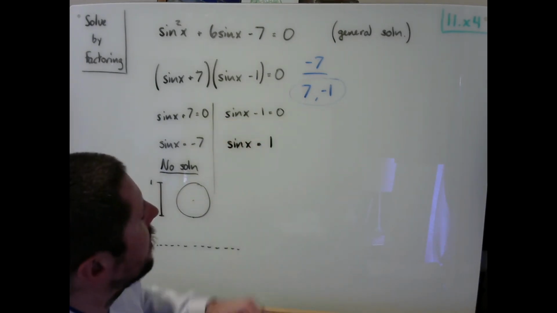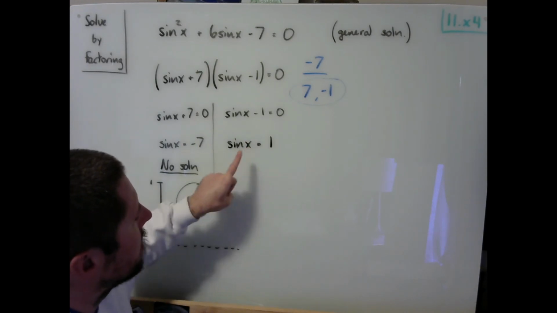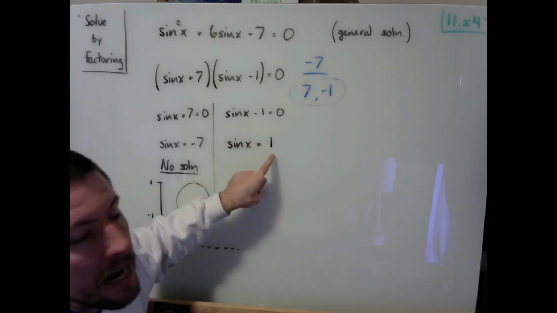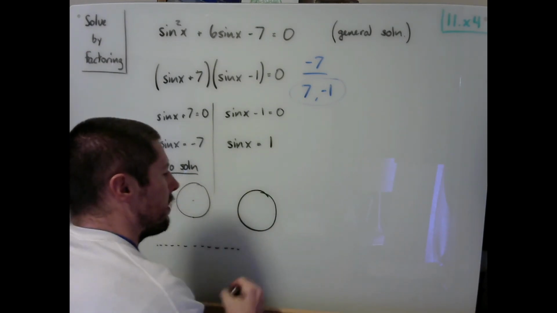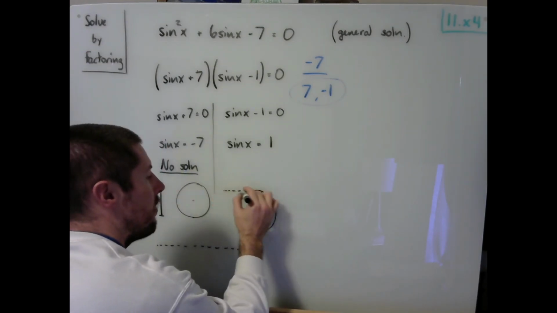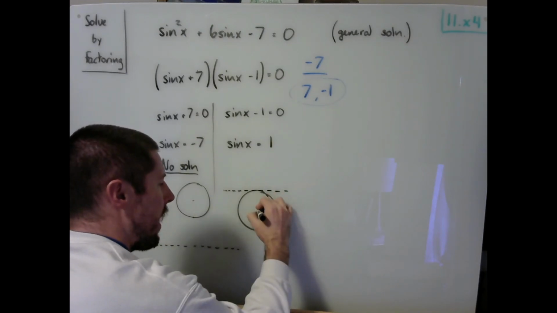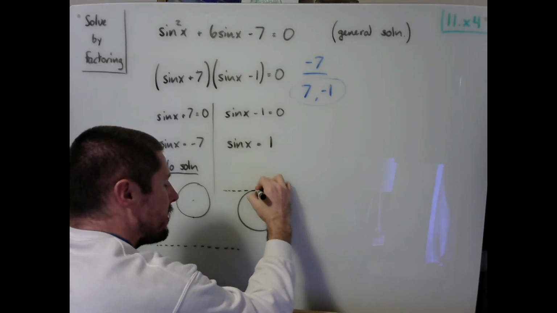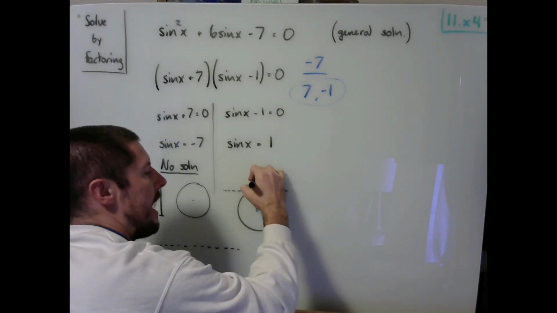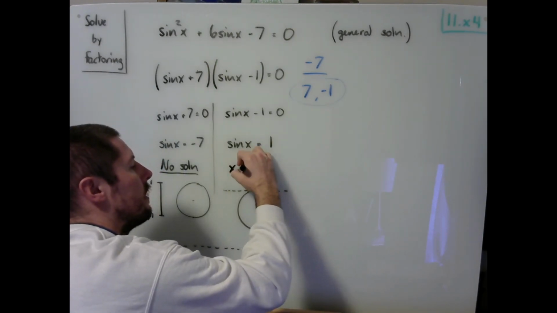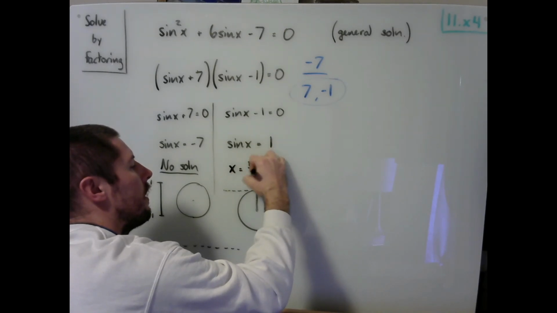This is asking me the question, what angles result in a height of +1 on the unit circle? When I draw my unit circle, I think to myself, I want to get to a height of +1. There's only one angle that's going to get me to that height of +1. I'm picturing that right there. This is located at pi halves.